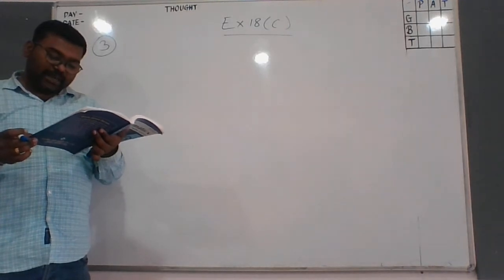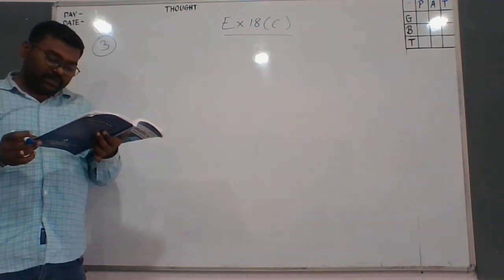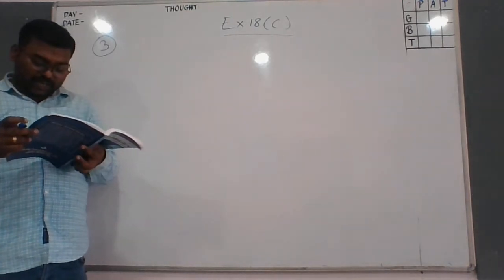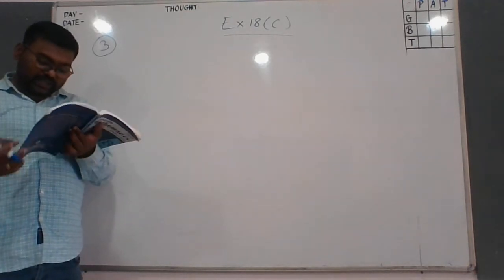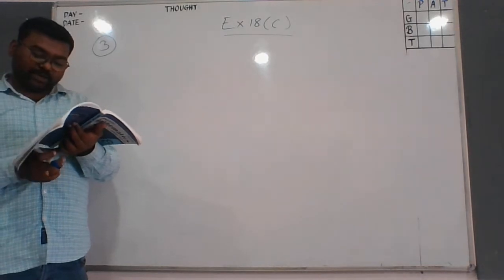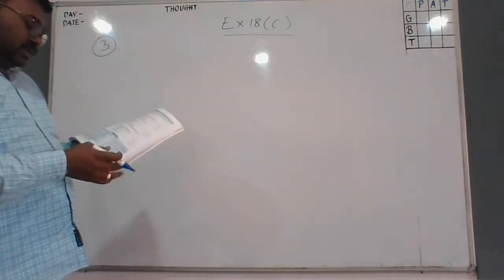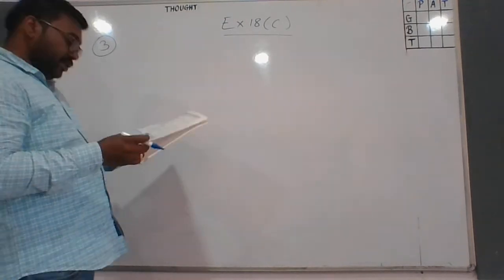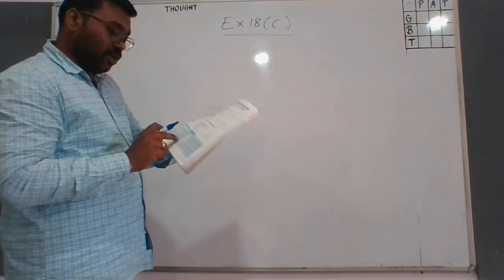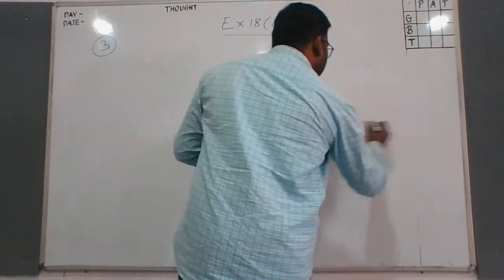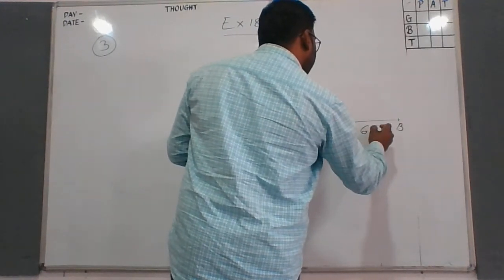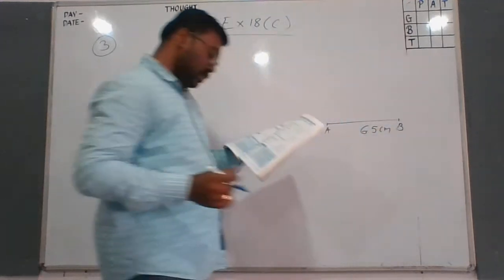Draw a straight line AB 6.5 centimeter through another line which is parallel to the AB at a distance of 2.8 centimeter from it. So let us draw the rough diagram for it. First of all, AB is 6.5. So we will draw this AB, which is 6.5 centimeter.